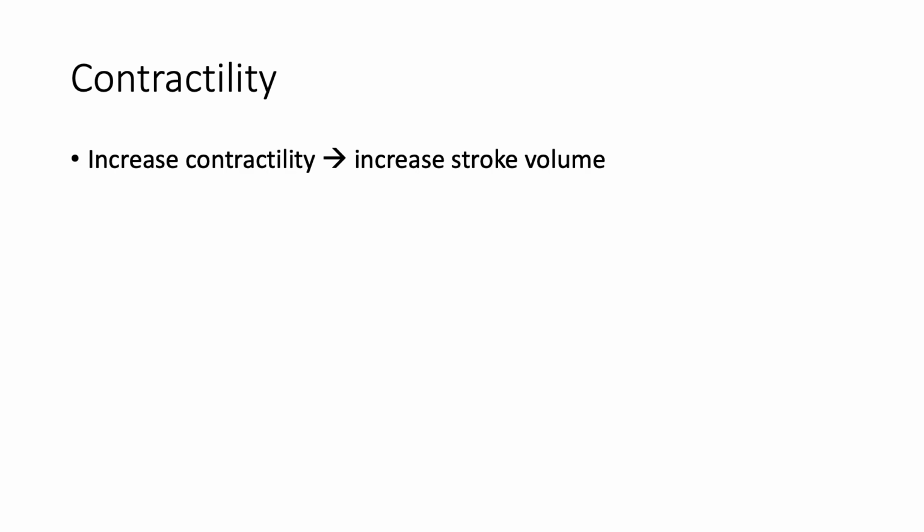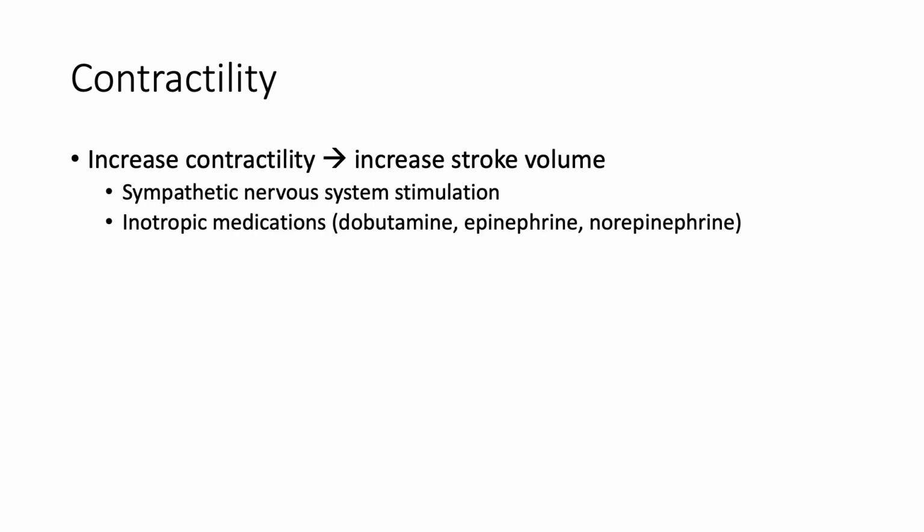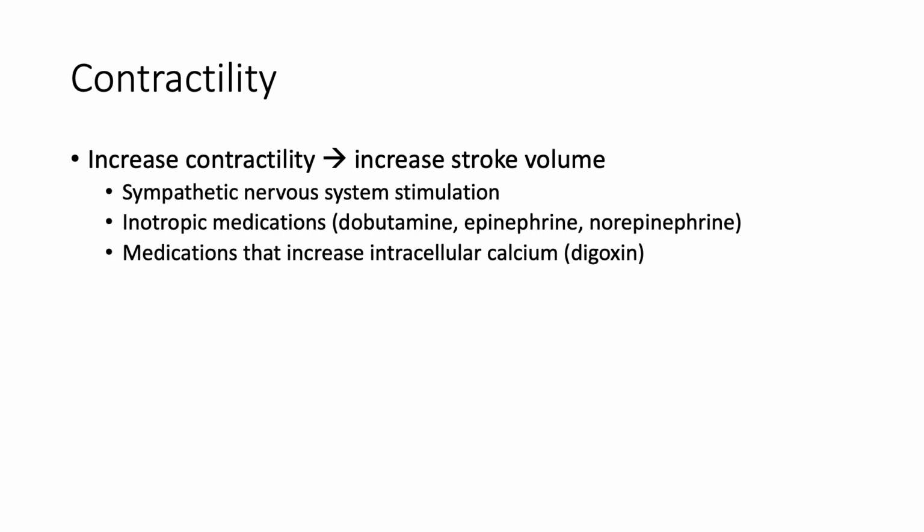So anything that increases contractility will increase the stroke volume. Main things would be sympathetic nervous system stimulation, that fight or flight response. Your heart's going to be stronger, you're going to have a higher stroke volume. You can give medications that can do that. So inotropic medications like dobutamine, epinephrine, norepinephrine are going to increase your heart's contractility.